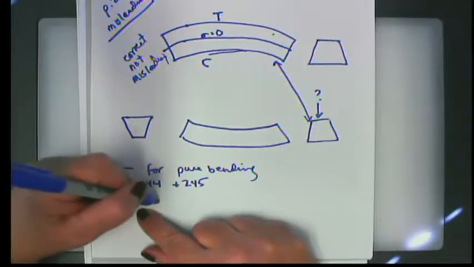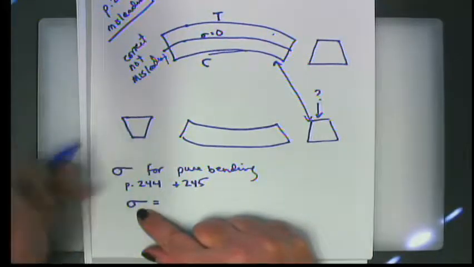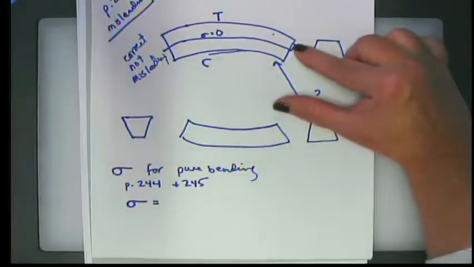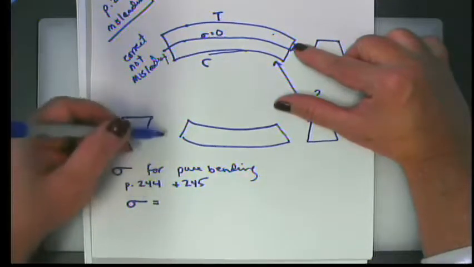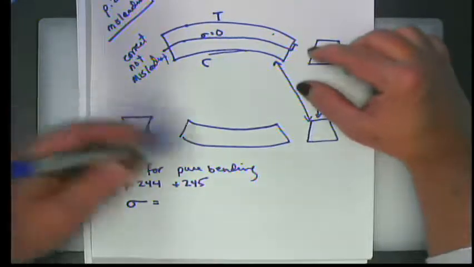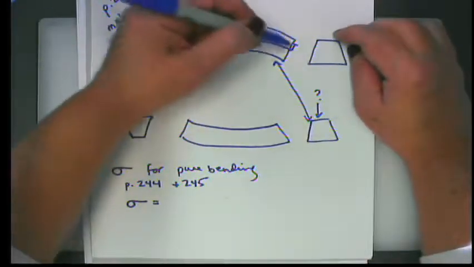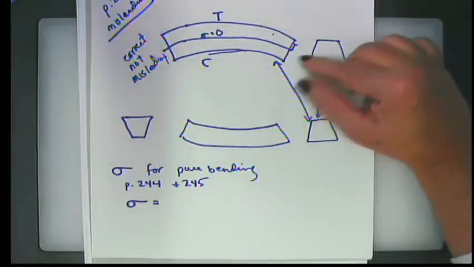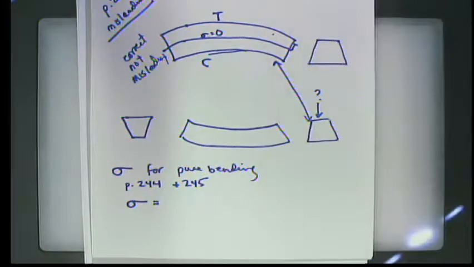So very good. Sigma then, if we have a positive y, sigma is going to be positive because we're in tension. Below the neutral axis, it's going to be negative. And if this is symmetrical, the amount of compression on the bottom and the amount of tension on the top will be the same, only if the cross-section is the same.